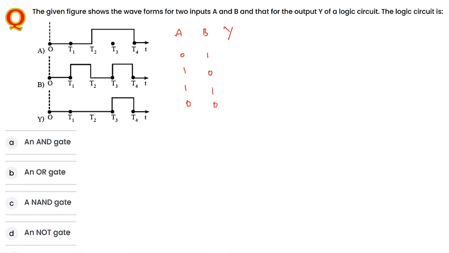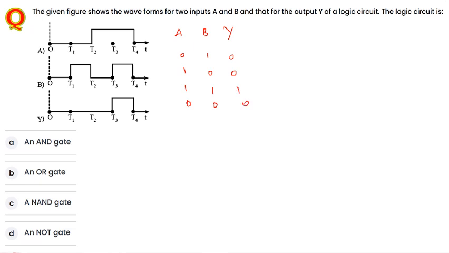Similarly for the output waveform Y: T1 is 0, T2 is 0, T3 is 1 and T4 is 0.